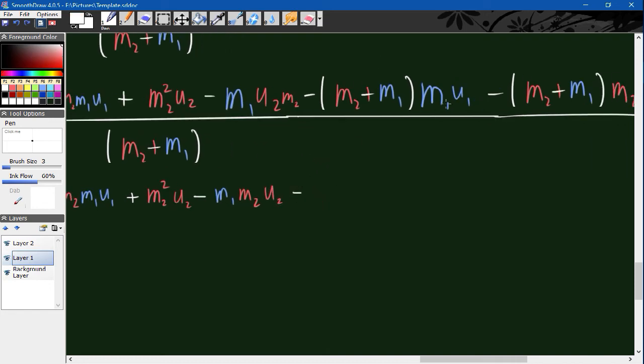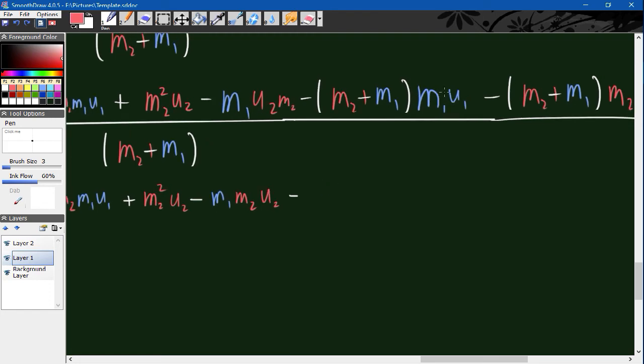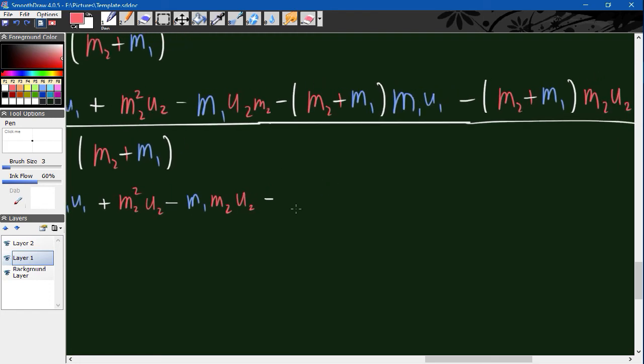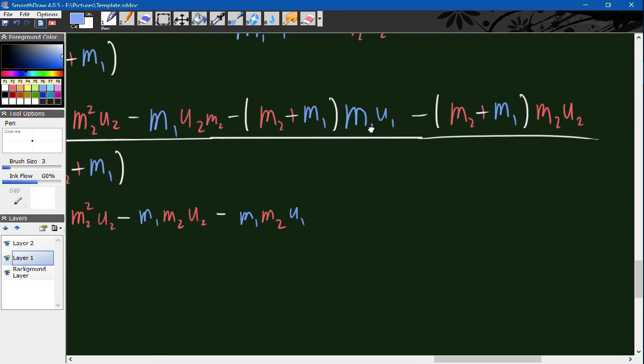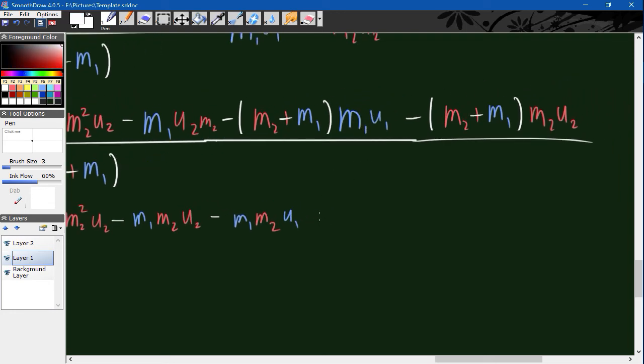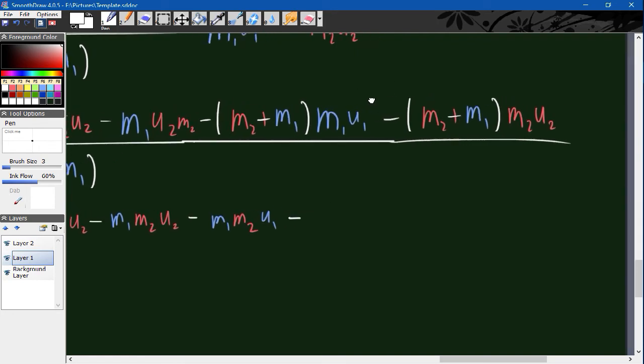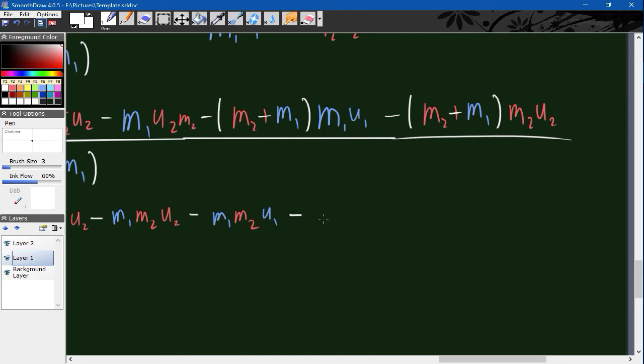And then we distribute this, which would be M1 M2 U1 plus, no, it's a minus as well. It's minus because of the sign here, remember. Where's the right color?